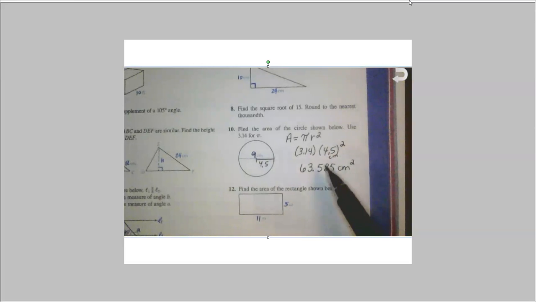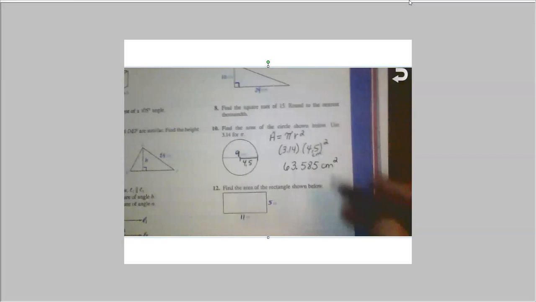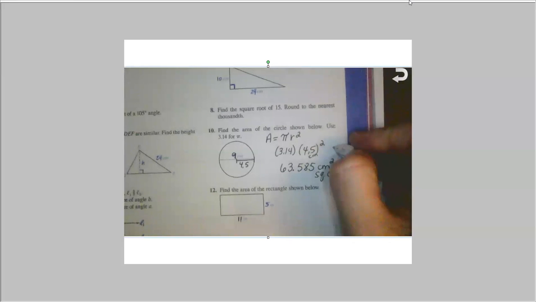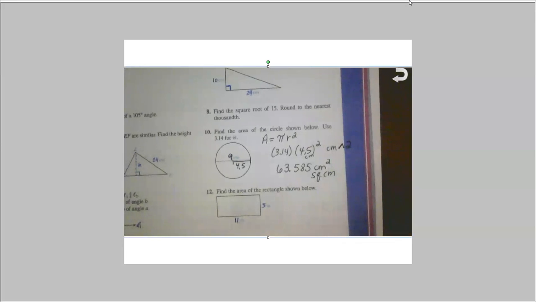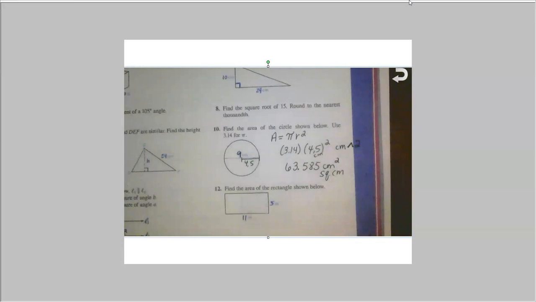You do not square the number, not this answer, but you're squaring the label. You can spell that out, square centimeters. If you use the exponent, remember that caret key we called, that is how we indicate that we're doing an exponent. Or you can spell it out, square centimeters. I'm fine with that, but just make sure to label that properly.